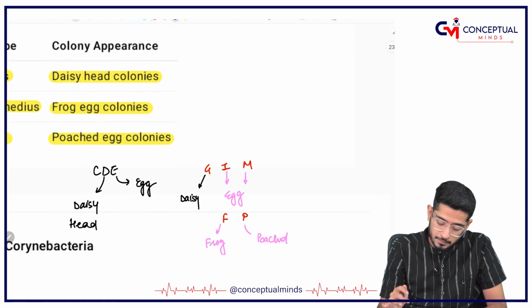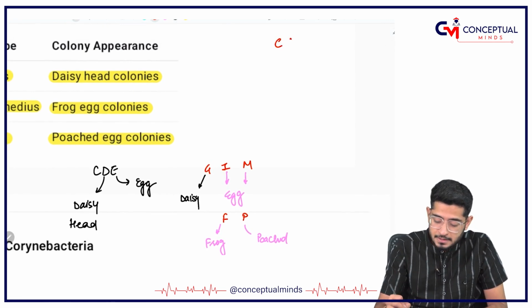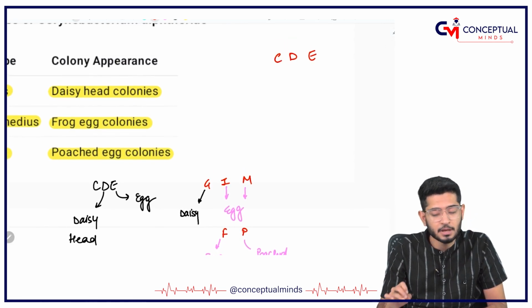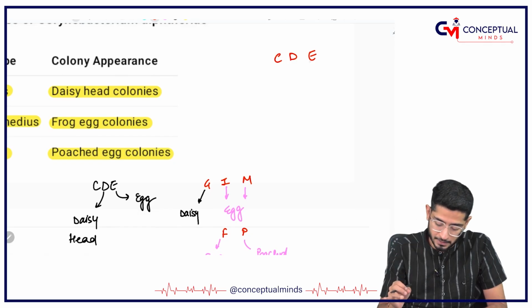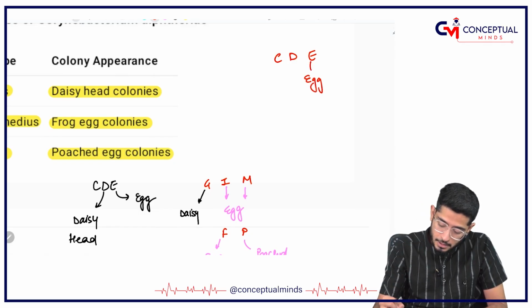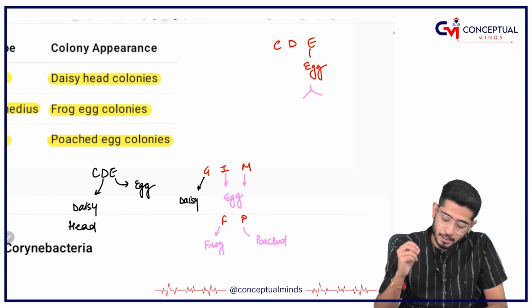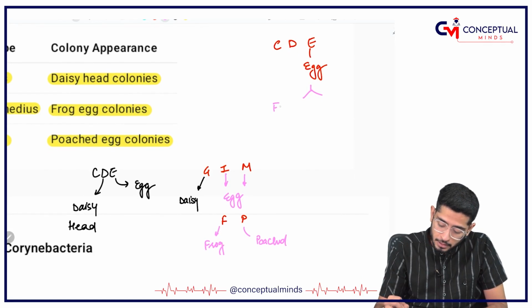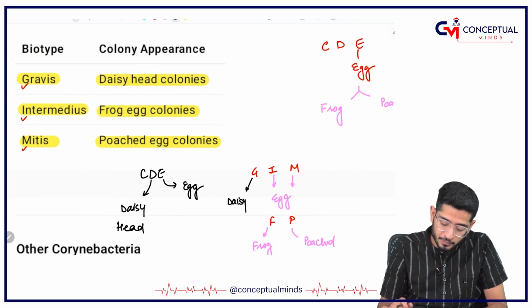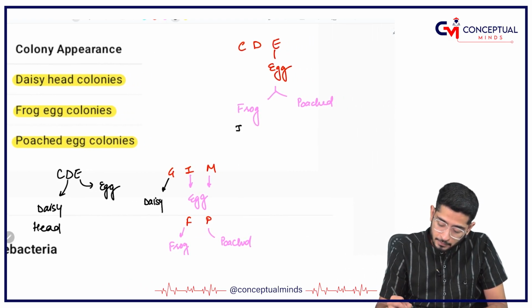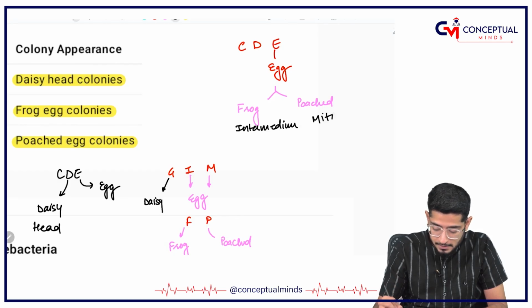If still you are not able to understand, let me write it for you. C, D, E is the mnemonic we have to follow in Corynebacterium diphtheria. E for egg. Eggs are of two types, and you write them in alphabetical order. F comes first, so frog egg colonies. P comes later, so poached egg colonies. Similarly, the biotypes in alphabetical order: intermedius, I comes first, M comes later, M for mitis.